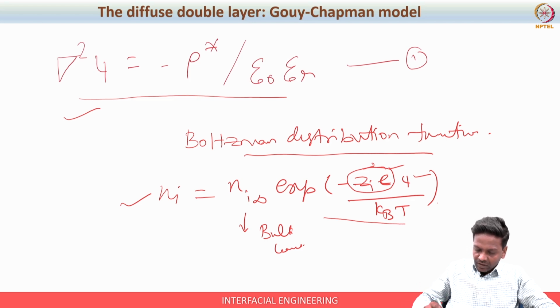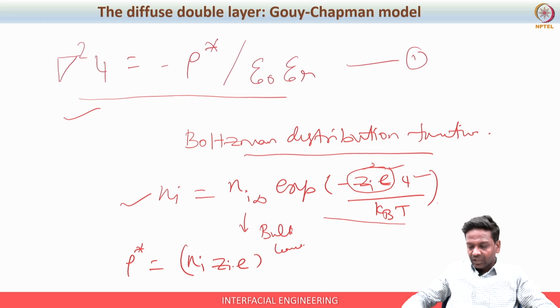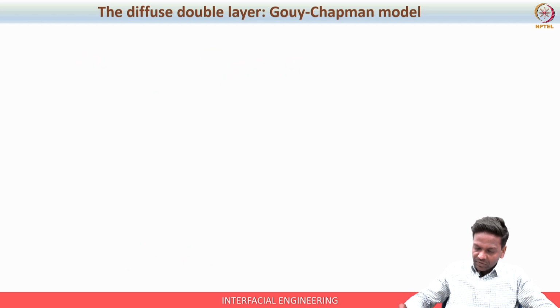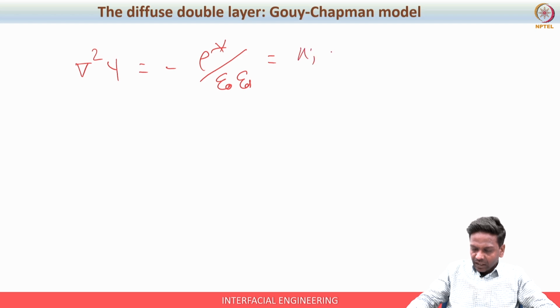So, what is rho star here? Rho star is going to be Ni Zi e. This is our definition, our description for rho star. Now, you have to substitute this rho star back into this equation. When you substitute, you will have del square ψ is nothing but minus rho star by ε0 εr, which is nothing but Ni Zi e divided by ε0 εr.